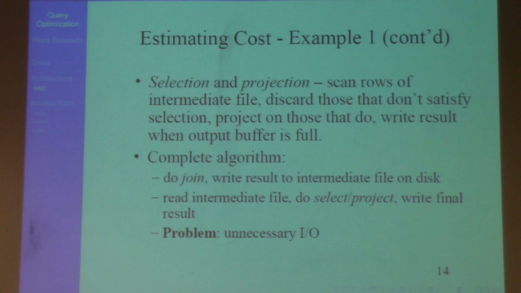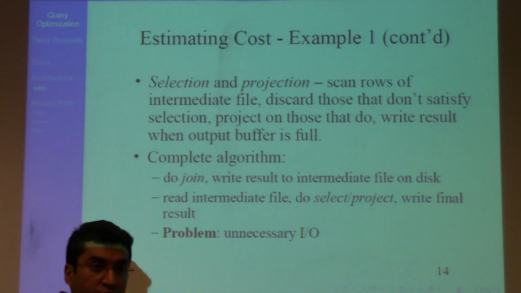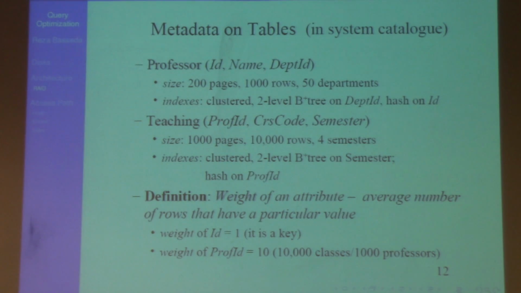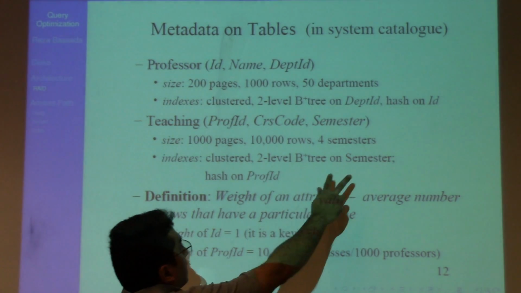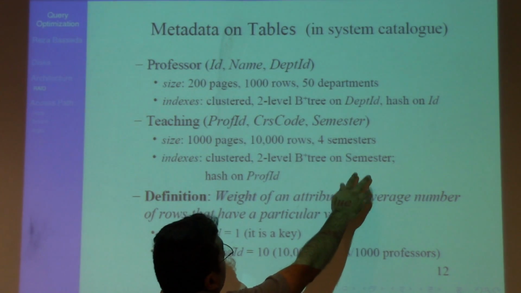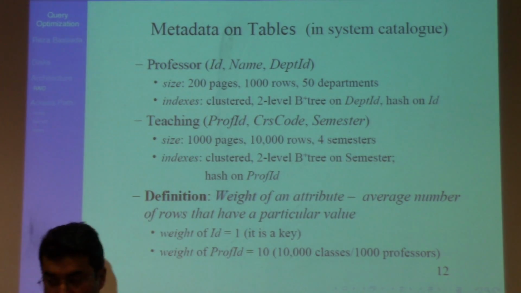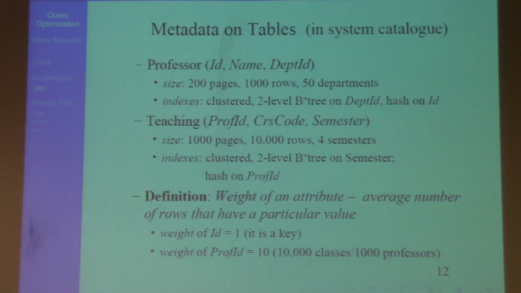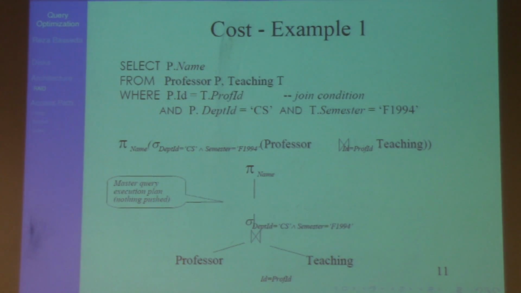We joined 2 tables. Now we are going through the temporary result, and we want to select. What were the indexes? We had this index on semester. We also had the index on department ID. So, what was the condition?